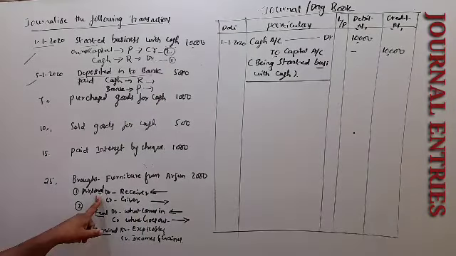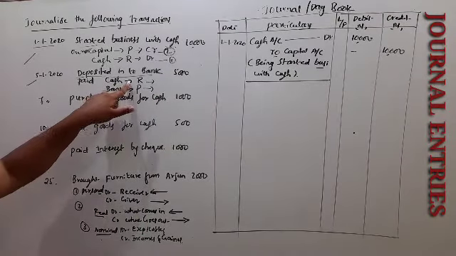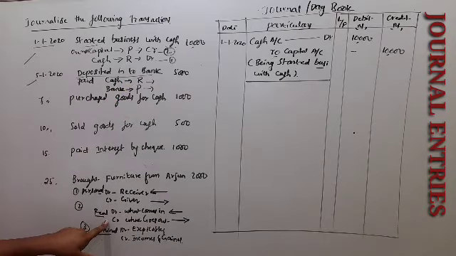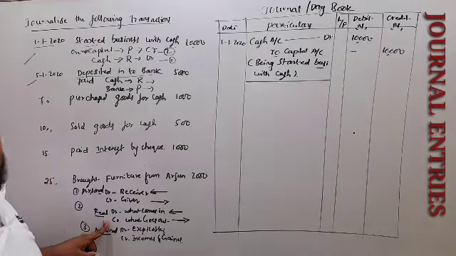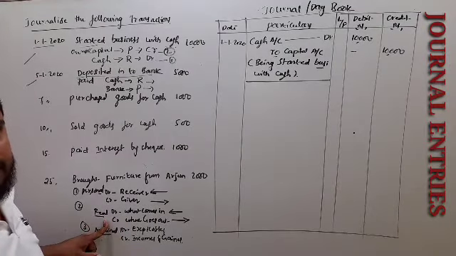Now we have to find out what is debit and what is credit. Cash is a real account. Real account says debit what comes in. If your business is receiving any benefit, or any assets, we have to debit it.